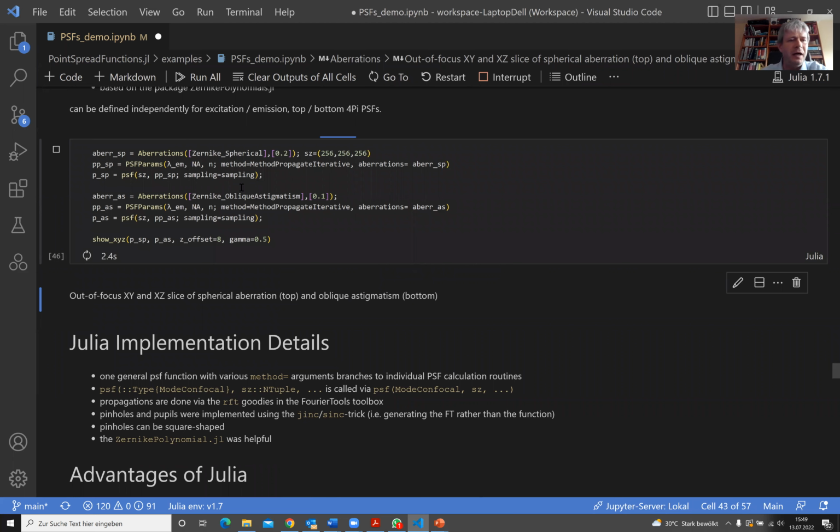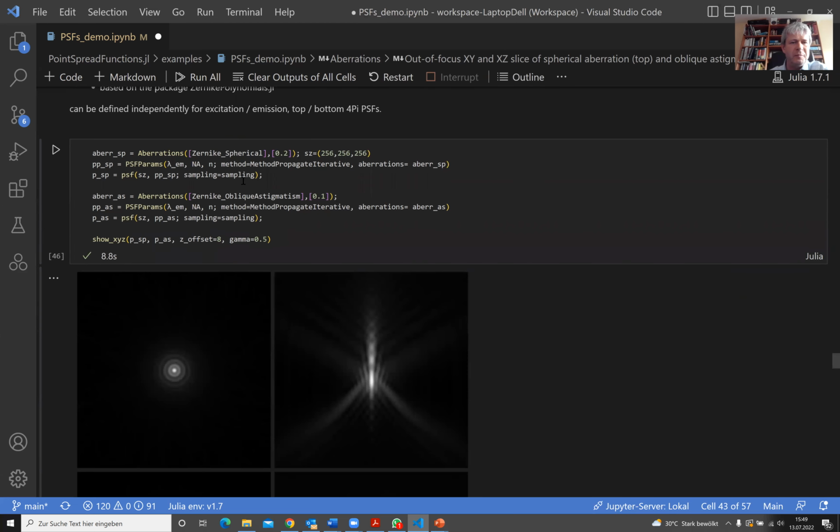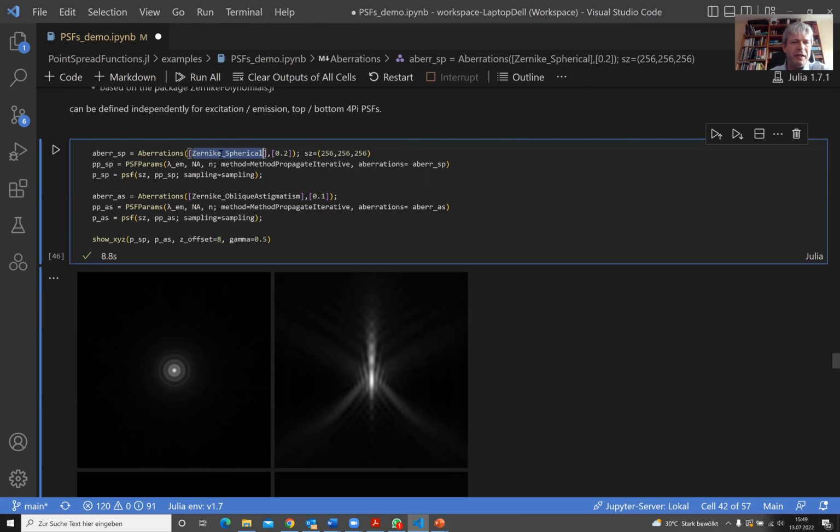And for this, I'm using the Zernike toolbox. And by using these Zernike modes, you can specify which ones you have, and they're given names here. So you can say Zernike spherical, meaning spherical aberration with a certain coefficient 0.2. And we can calculate the point spread function simply by putting this aberration structure as a parameter into the PSF parameter structure.